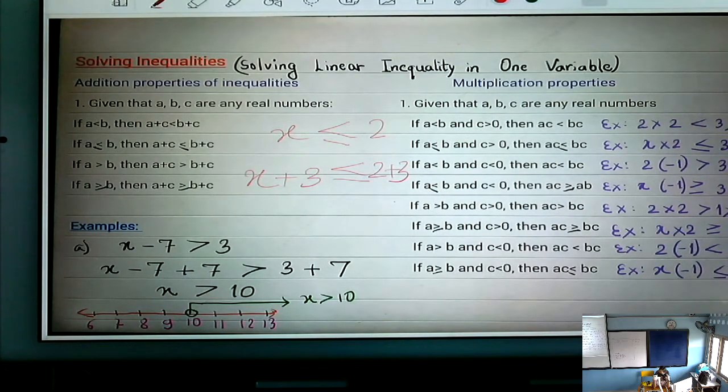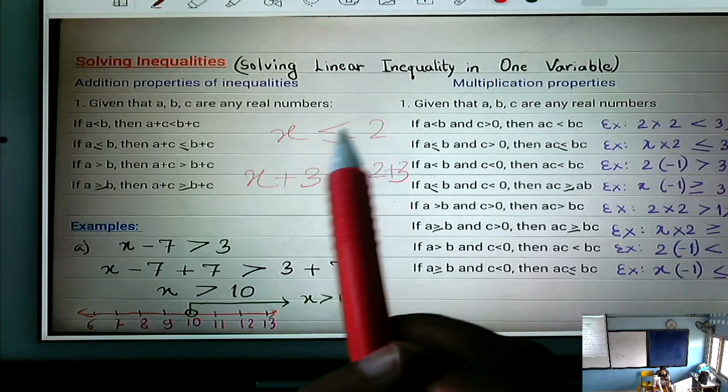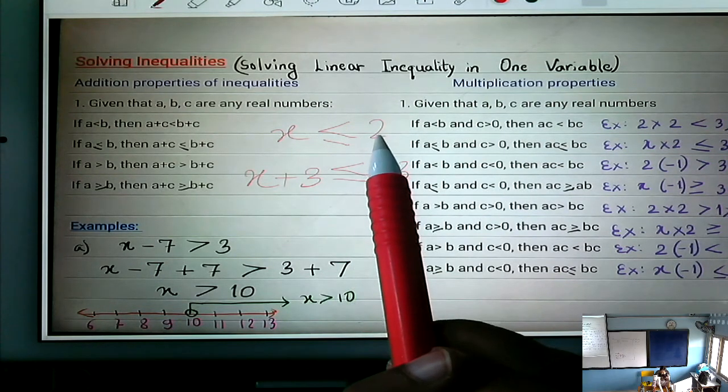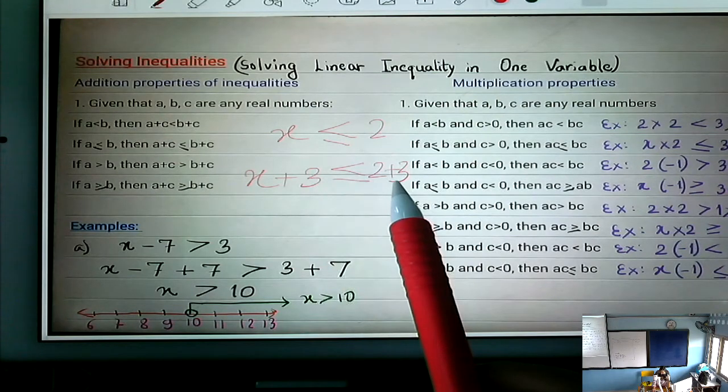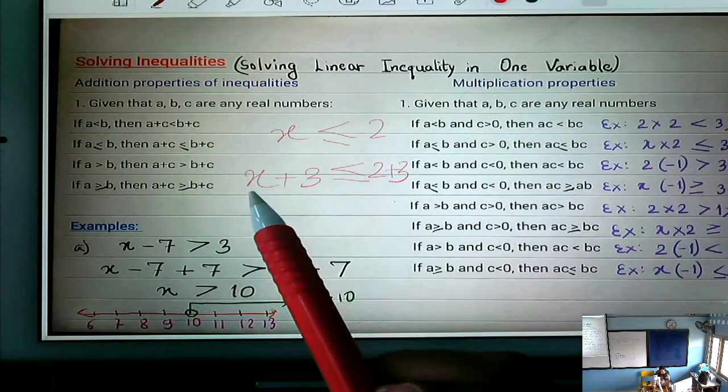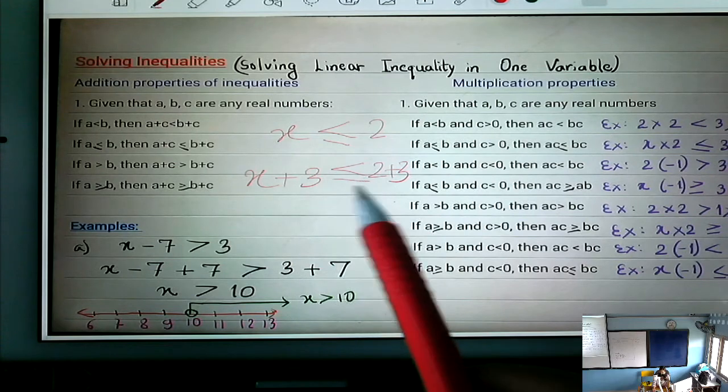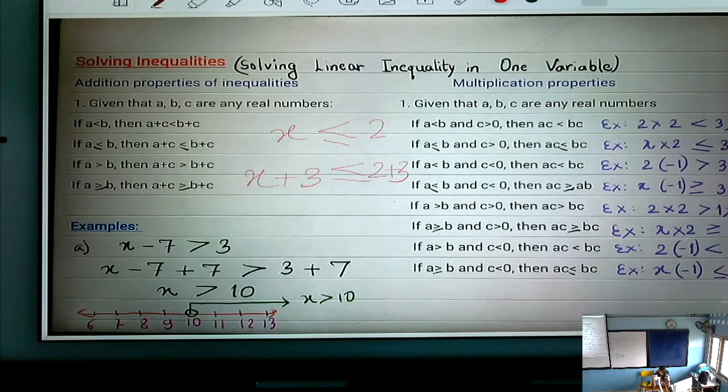Clear? See, if x is less than or equal to 2, then if you add 3 to both sides, it's still x plus 3 is less than or equal to 2 plus 3. Understood?